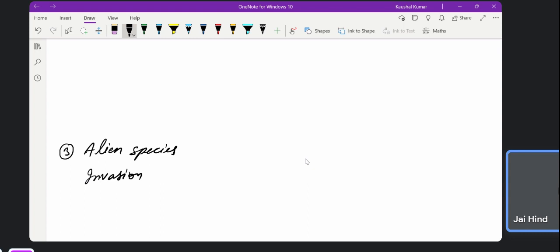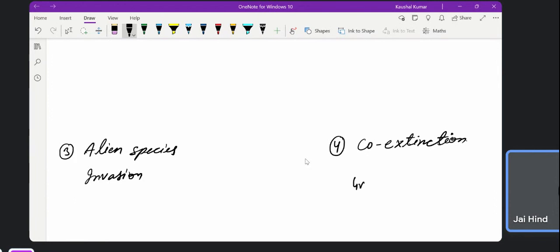And the last thing is co-extinction. The best example for co-extinction is prey and predators. Predation is one best example. We already read in the organism and population chapter the types of relations between populations. Among these, if one species is not there, then the other species will not survive in a food chain.